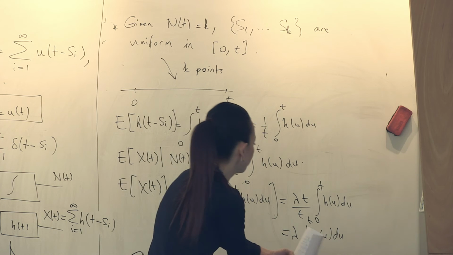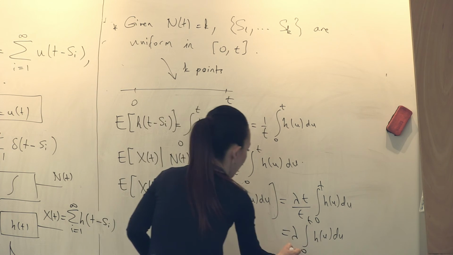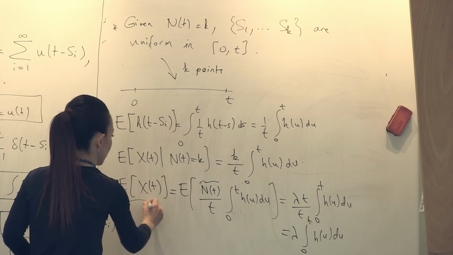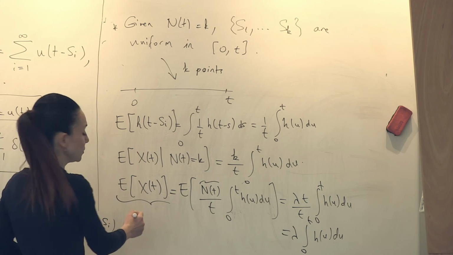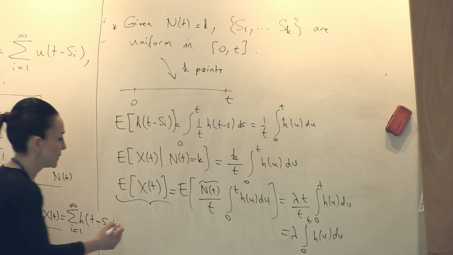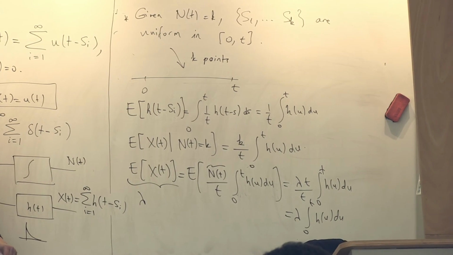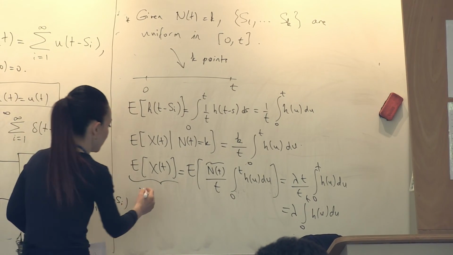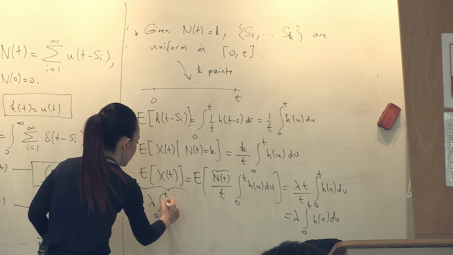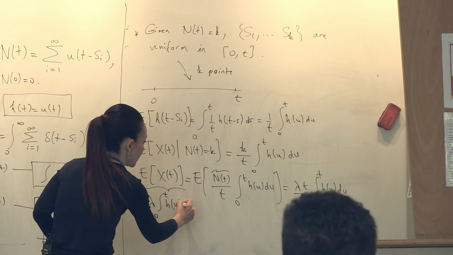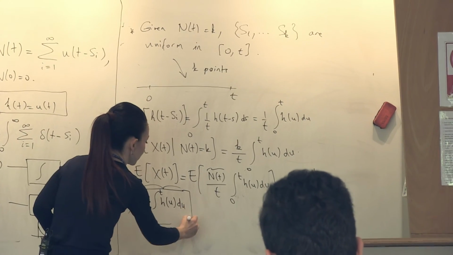So we've essentially found that the expectation of the shot noise process at any time depends on the rate of the impulses as well as the integral of the pulse shape. And that's it.